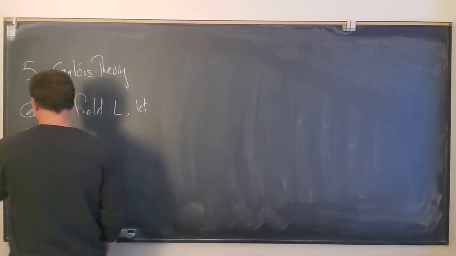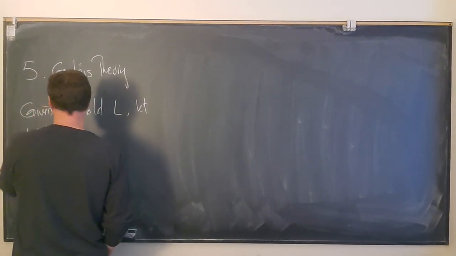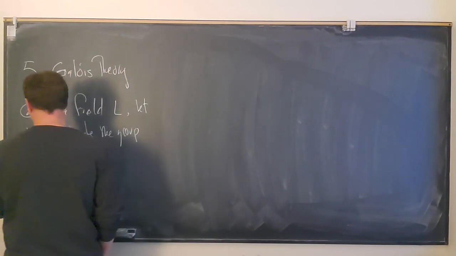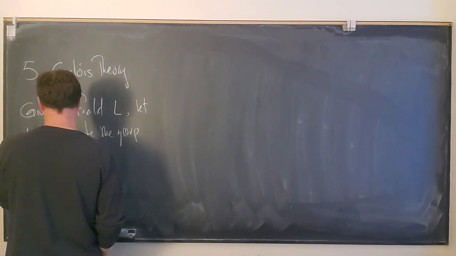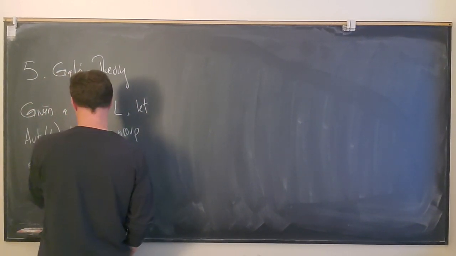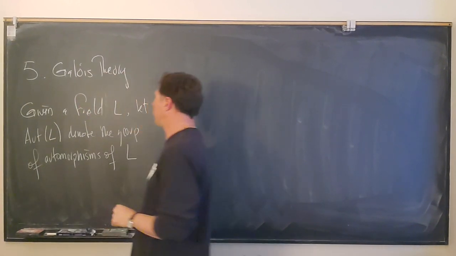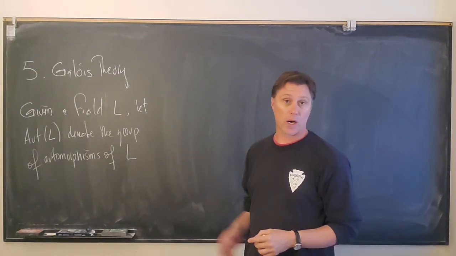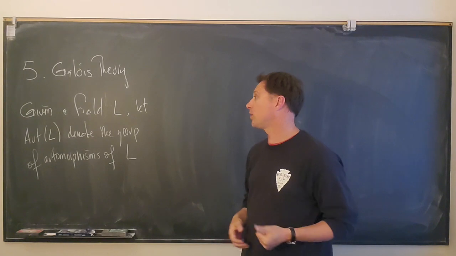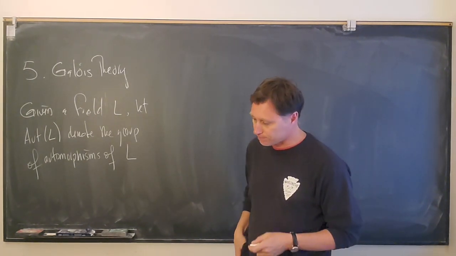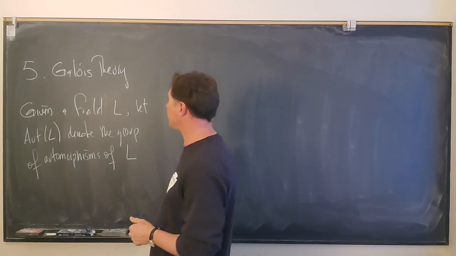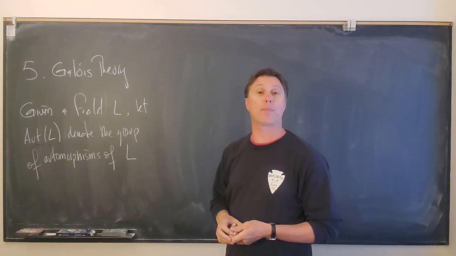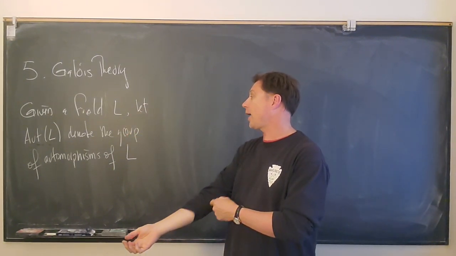Let Aut L denote the group of automorphisms of L. What I mean by automorphism is a ring homomorphism from L to L that is both one-to-one and onto, so it's a bijection, or you can say it's a ring isomorphism from L to L. If you have a field, you can take the set of all such things, and under the operation of composition, it's easy to show that Aut L actually is a group.